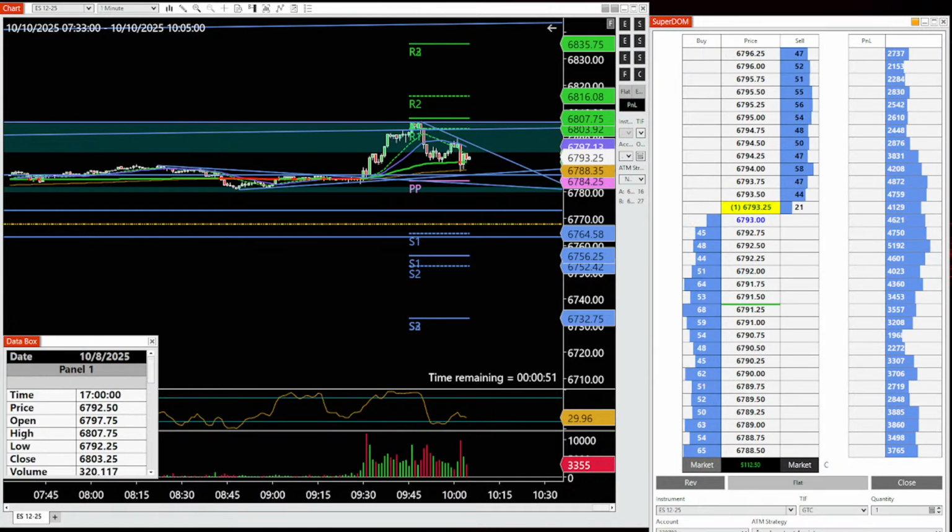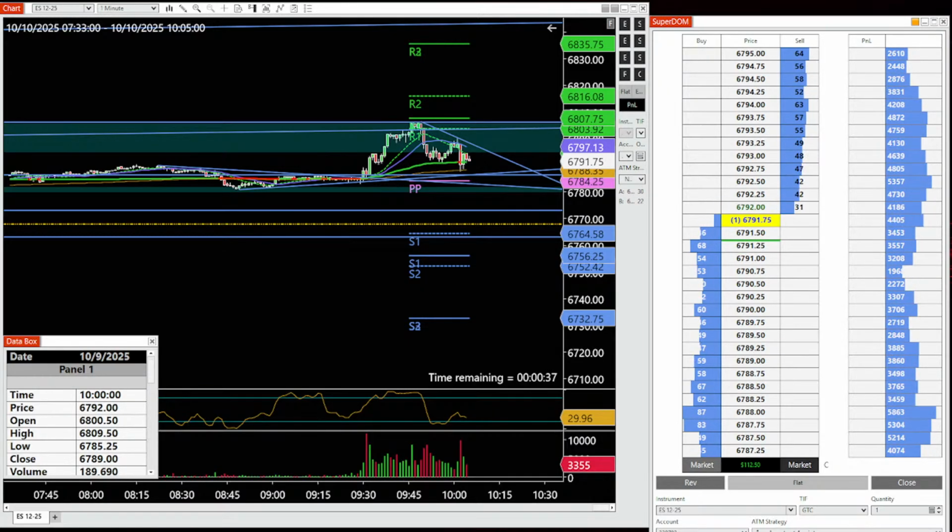$94.50 is a low on and 92.25 is the low on the 4-hour bar, so we just might sit around here, have to sit on our hands. Over under VWAP. Take a sip of coffee while you wait.